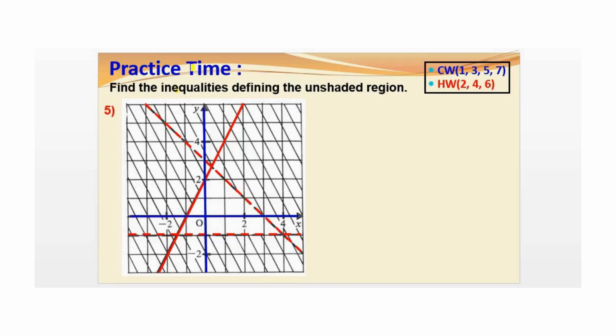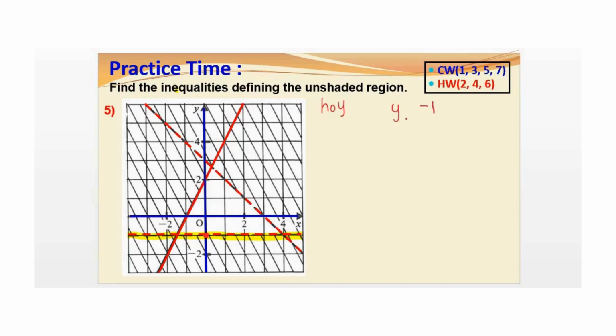So first of all, let's discuss this line because it's a horizontal line. This is the easiest one to write the inequality for. For this horizontal line, we will see that there is a word y. That means I have to write the inequality in y. Then I will see where this is touching the y-axis. It is touching the y-axis at -1.